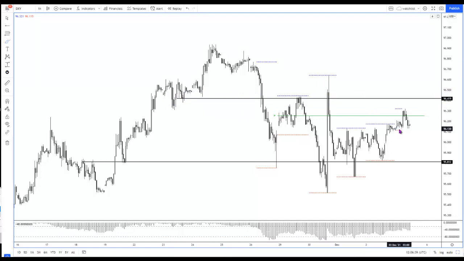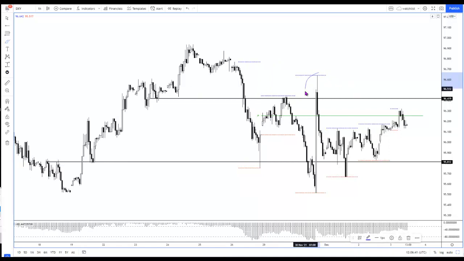Remember that we did have this fake out on November 30th. What I'm looking at is a real breakout, retest, and then here's where I will be looking for buys on the US dollar. That, of course, is only if the data comes out as expected.